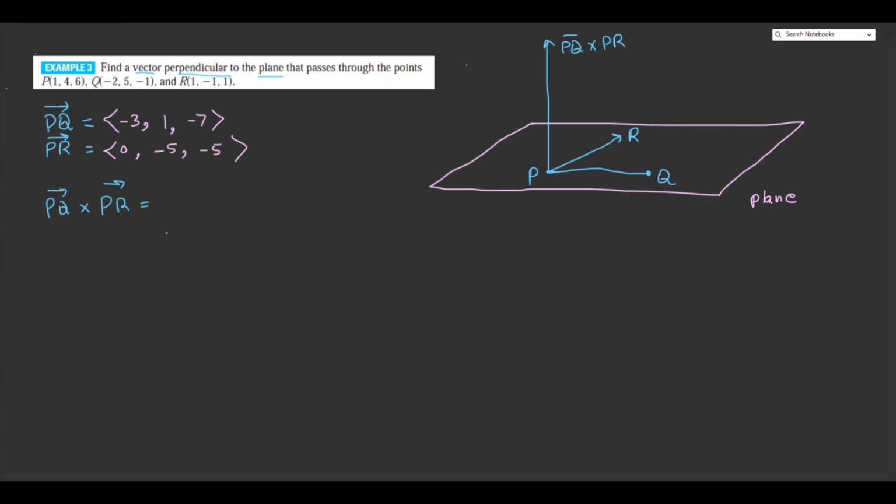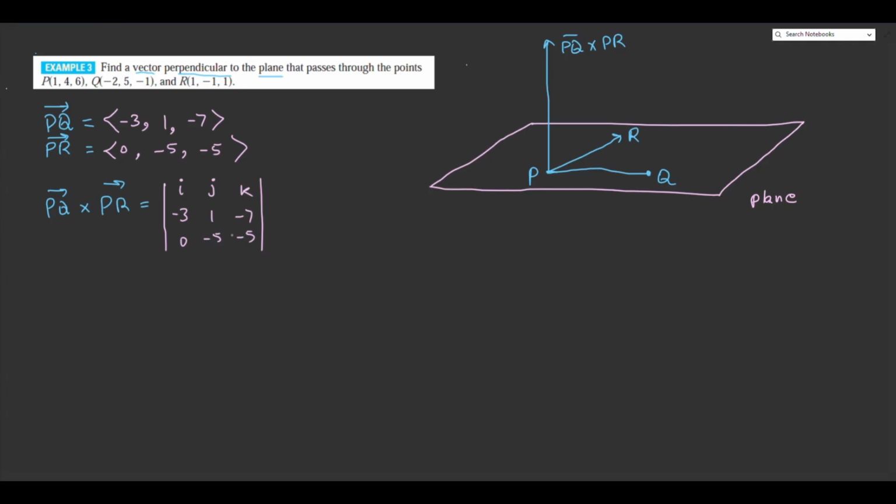Next we find the cross product of these two vectors. Here you can write i, j, k, and then in the second row write the components of the vector PQ, which are minus 3, 1, minus 7, and then write the components of the vector PR, which are 0, minus 5, minus 5.